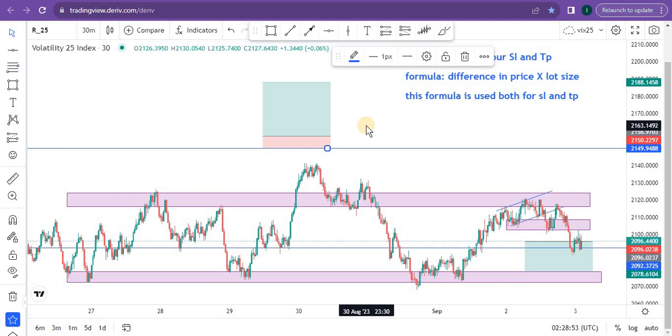Don't be surprised that when you open the phone again, you see the market has reversed massively, moving against you, and you don't want to experience that.